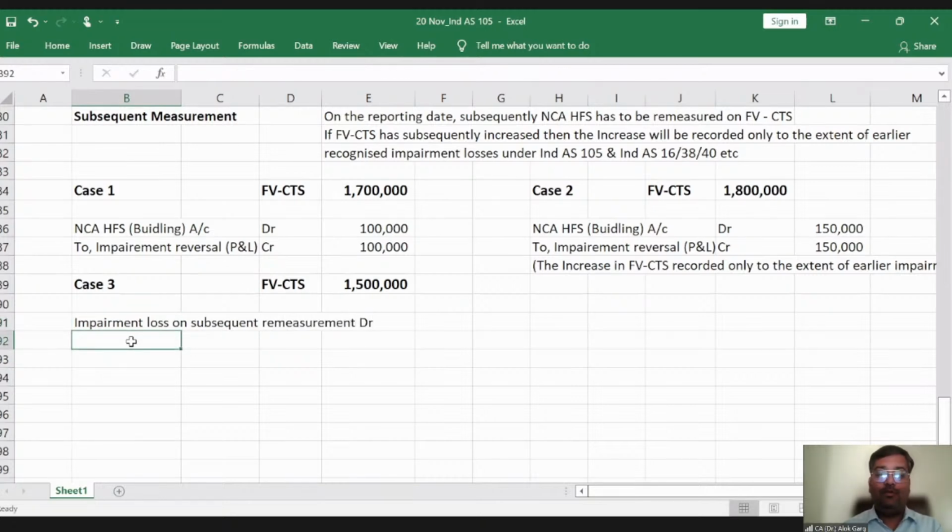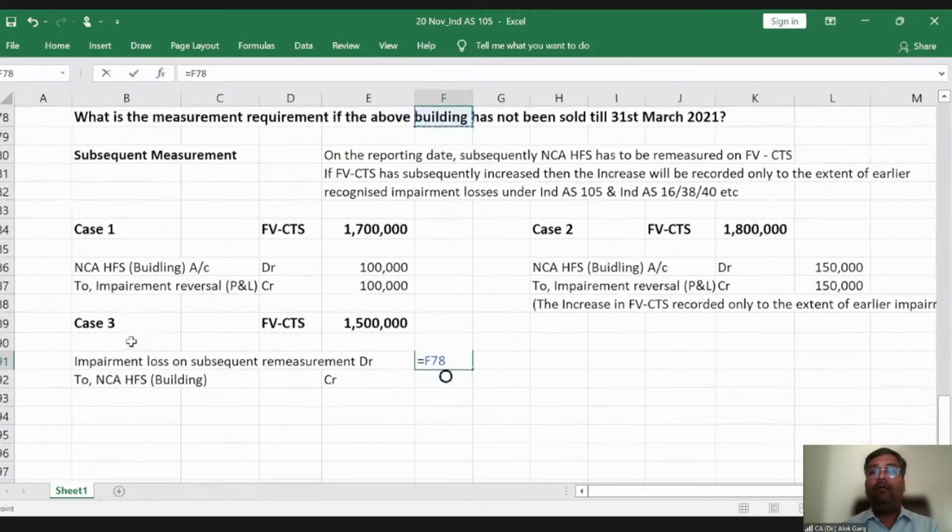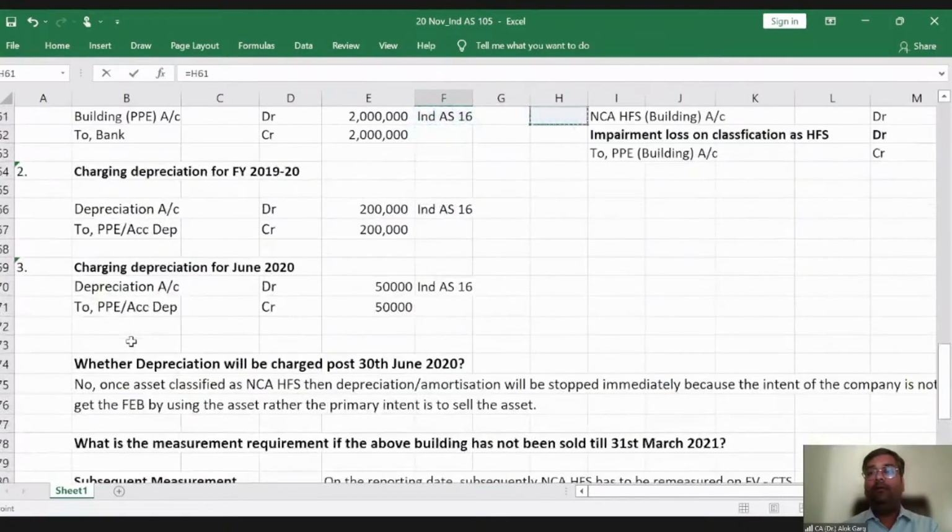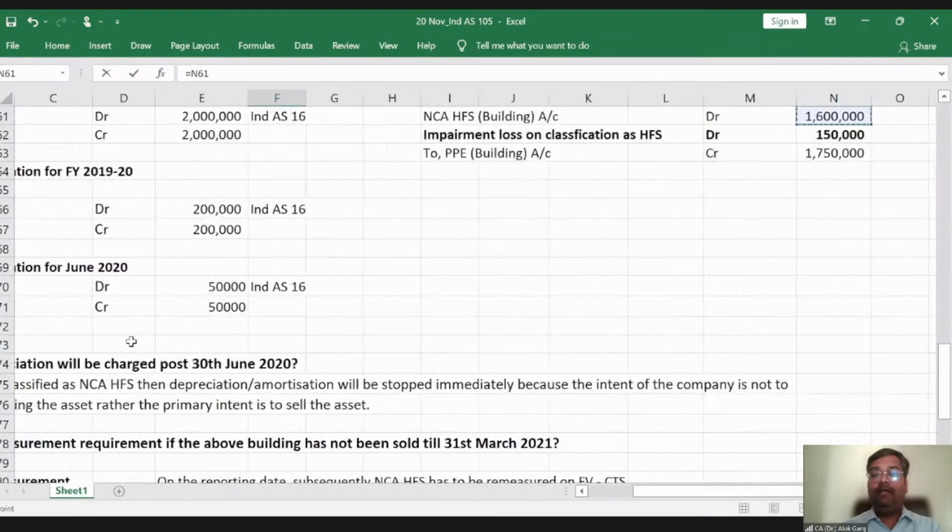Debit impairment loss, and credit NCHFS building, which will be reduced by 1 lakh rupees, 16 lakh minus 15 lakh.